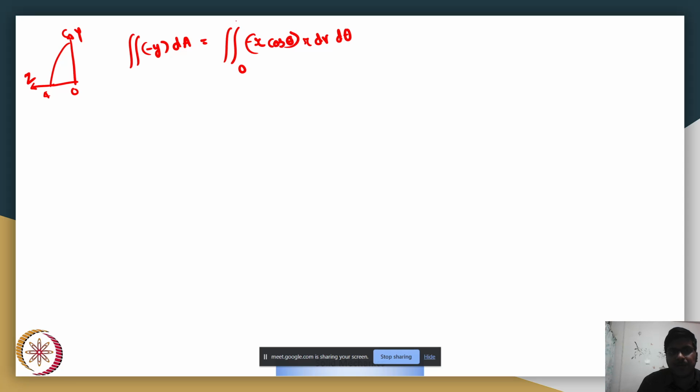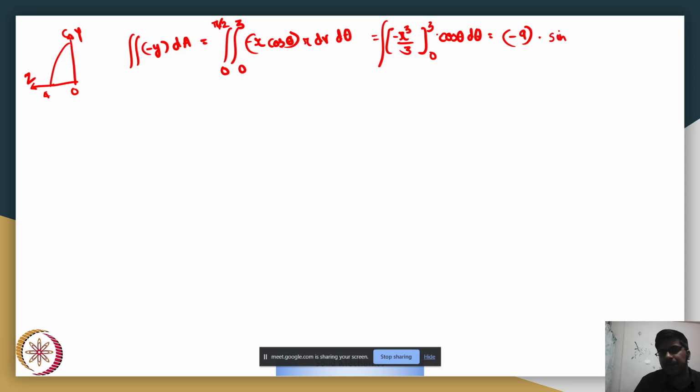R is varying from 0 to 3, theta is varying from 0 to pi by 2. So it is minus r cubed by 3, and the integral of cos theta d theta, which is nothing but minus 9 times sin theta varying from 0 to pi by 2, which equals minus 9.